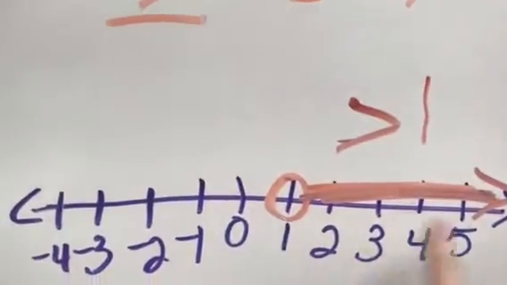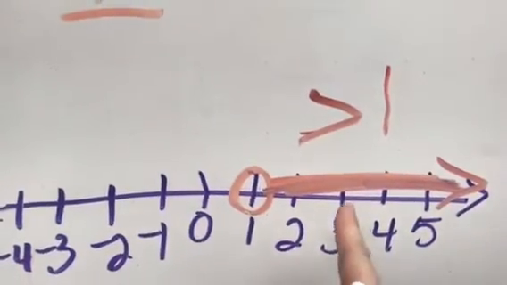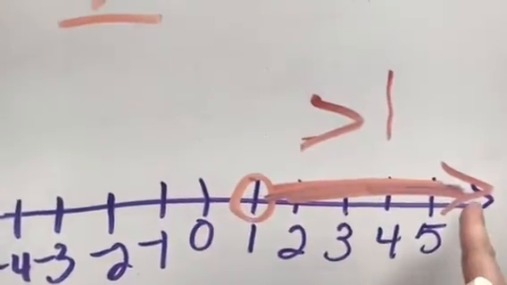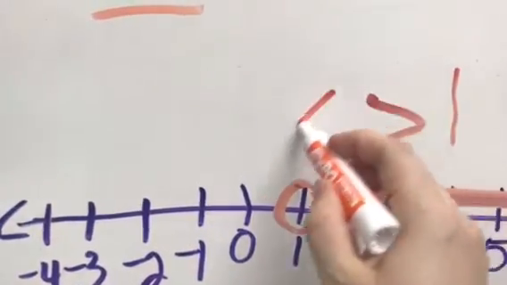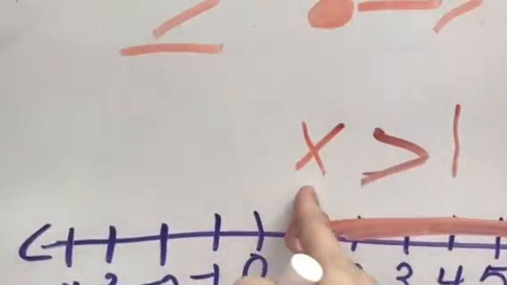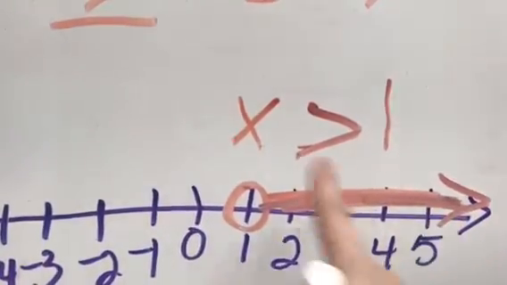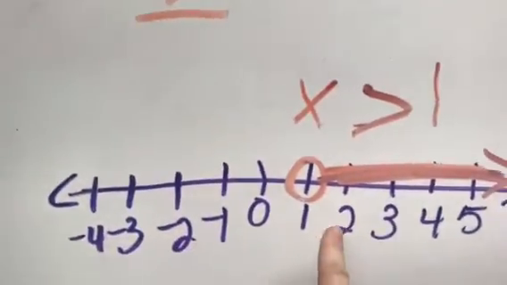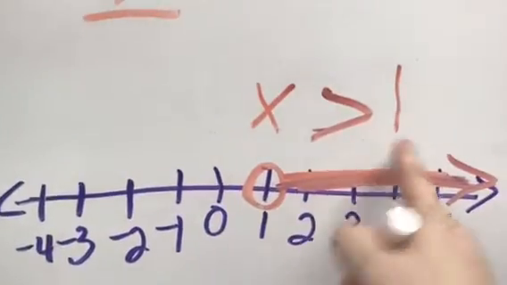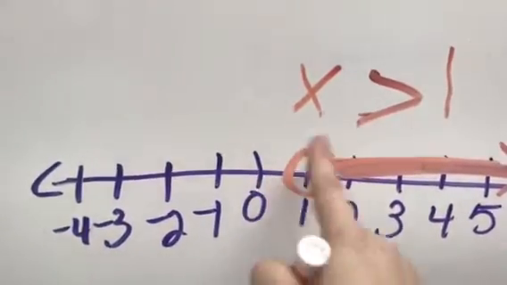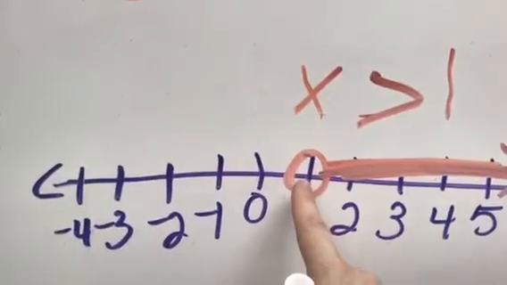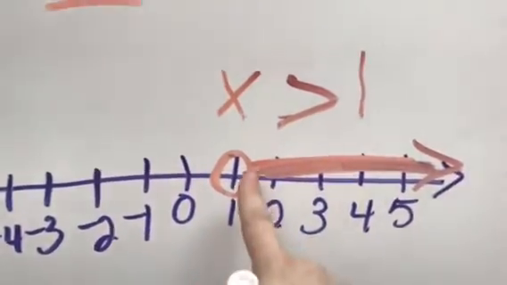But we don't know what number they want to pick. And it can be any of these numbers. So we're going to put an X, because it's an unknown number that somebody wants to pick that's anything greater than 1. So this number line is going to be read as X is greater than 1, and it's an open circle because it's not equal to 1. It's anything bigger than 1.